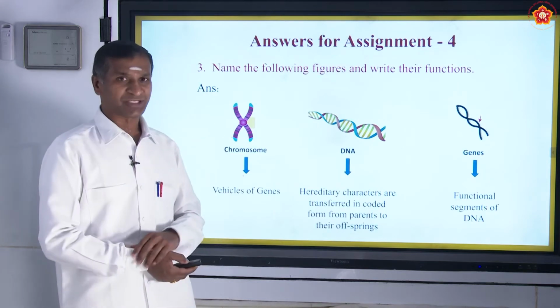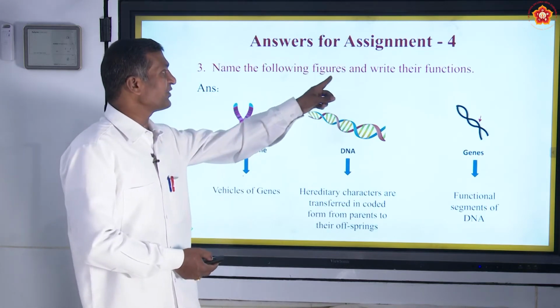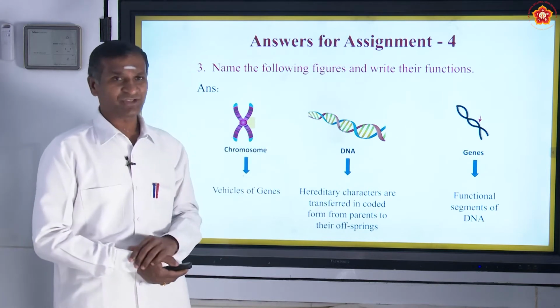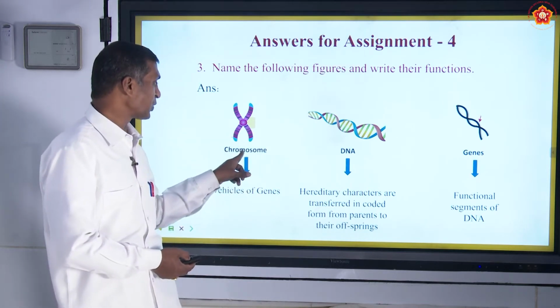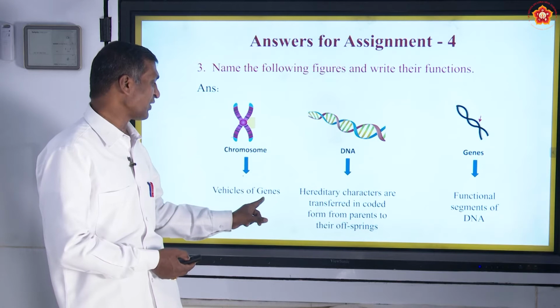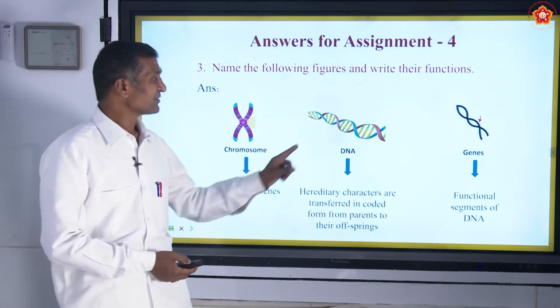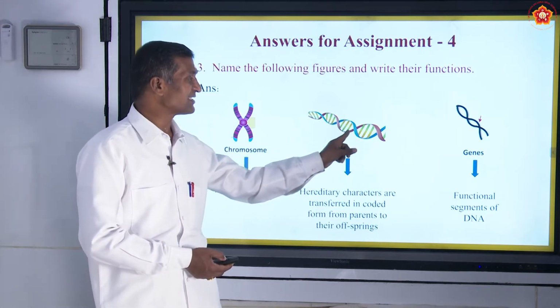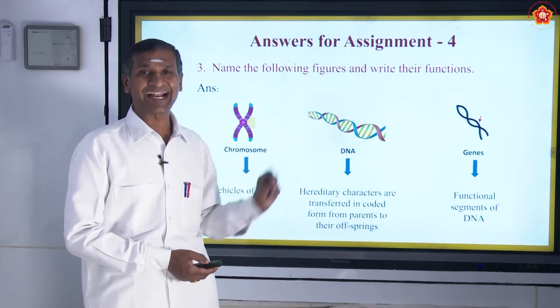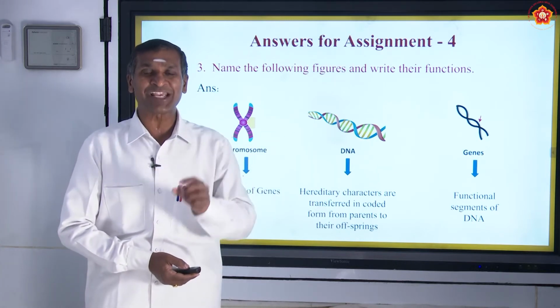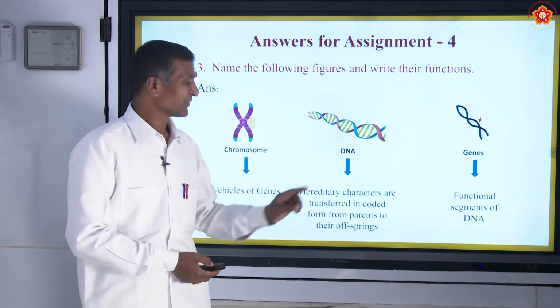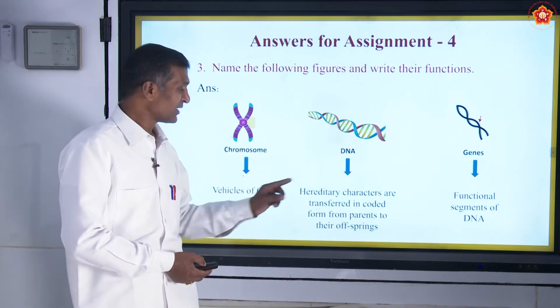The third question: name the following figures and write their functions. Figure 1: chromosome, the vehicles of genes. Second figure, you can see a double helix model, a twisted ladder. Is this DNA?